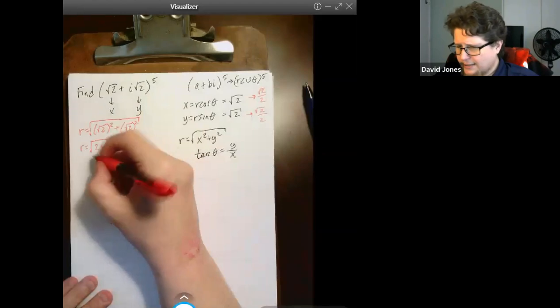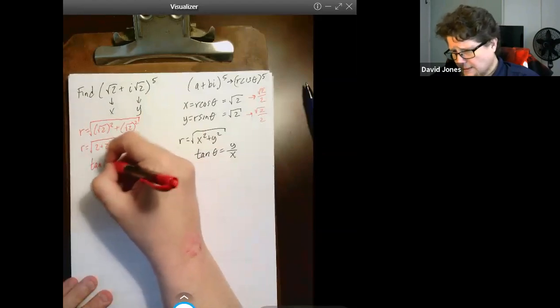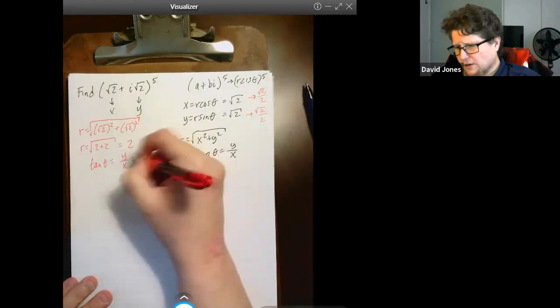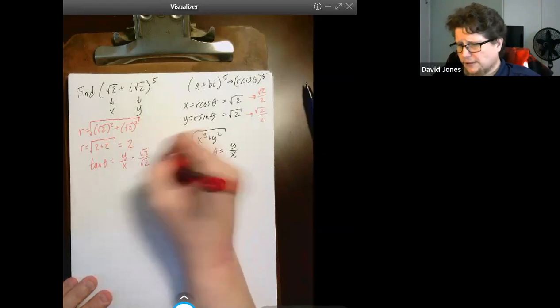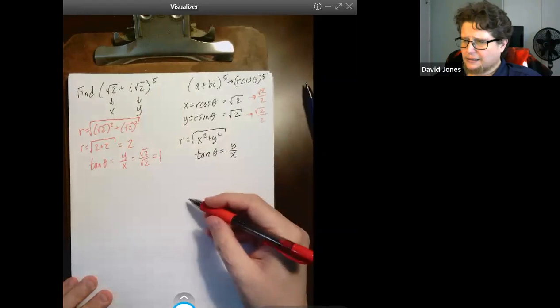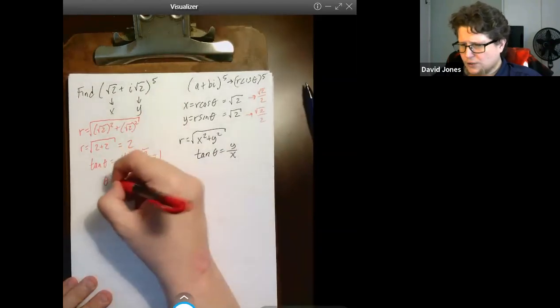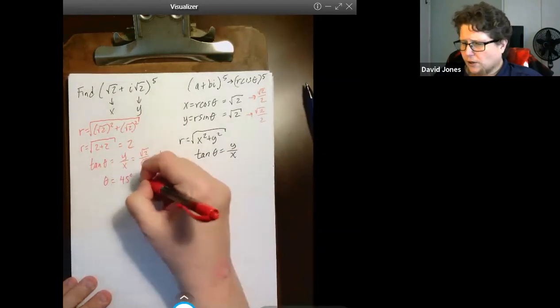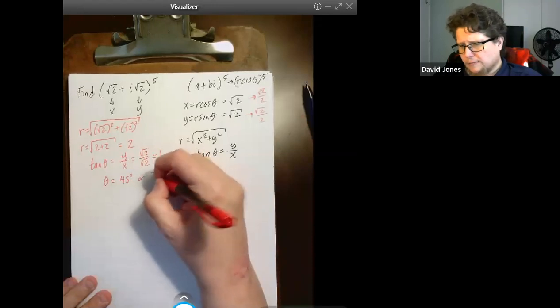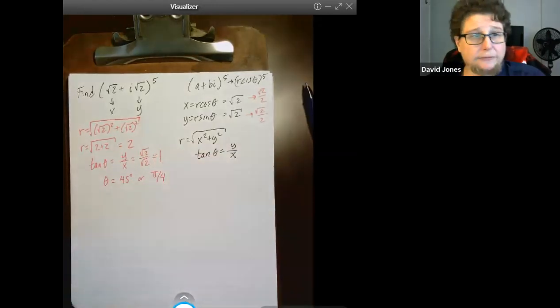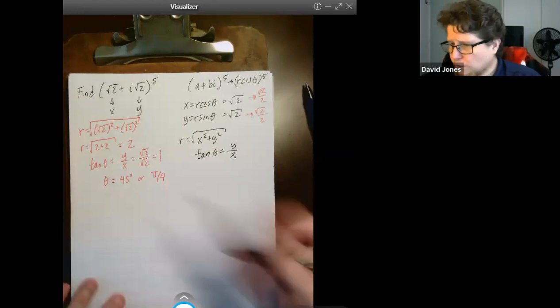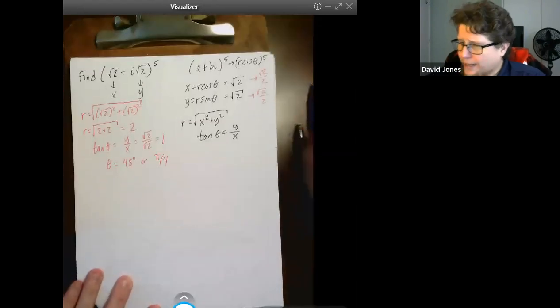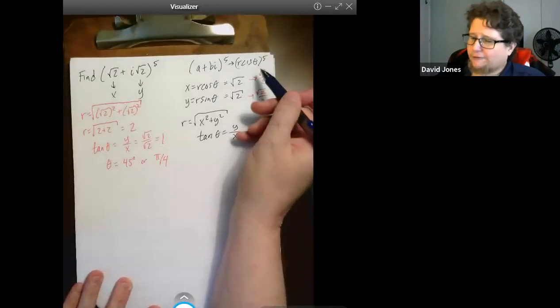And tangent theta is y over x, root 2 over root 2, which is 1. And we know that's when theta is 45 degrees, or pi over 4 in radians. So let's rewrite this in r cis theta form.